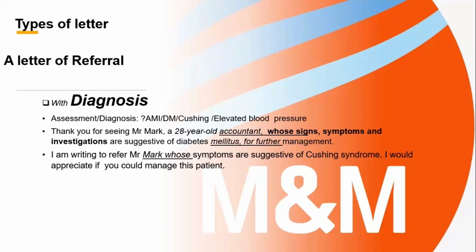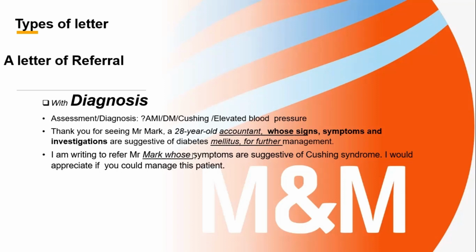If we are writing a letter with diagnosis, in that case, we write the exact diagnosis that has been given to you. That we can say is a kind of referral letter with diagnosis, right? And we also have different cases in a referral letter, but it's comparatively easy.